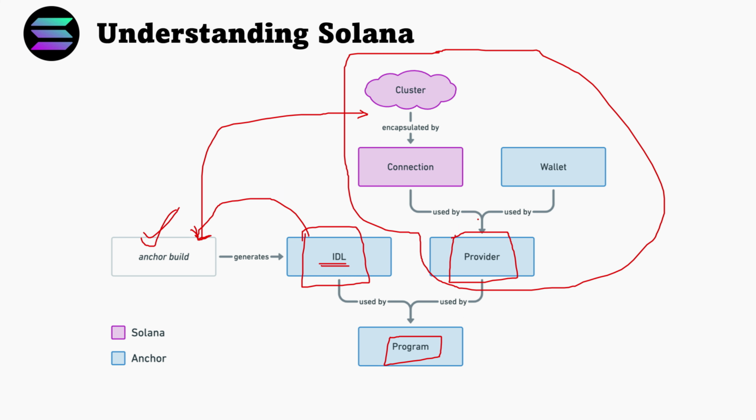Well, the provider is able to talk to the connection, and the connection is able to talk to the Solana cluster, and the provider is also able to talk to our wallet so that it can deduct or add money to our wallet whenever we want to post a new tweet on the Solana blockchain. Therefore, the program variable becomes super critical. And just a recap, it can talk to our smart contracts, it understands how the smart contract is designed, and it's also able to talk to the blockchain.